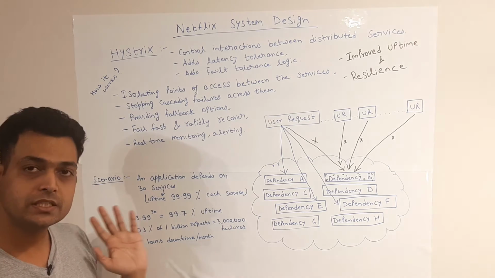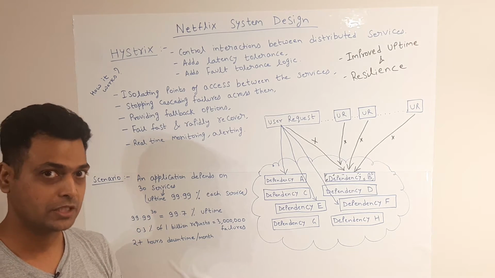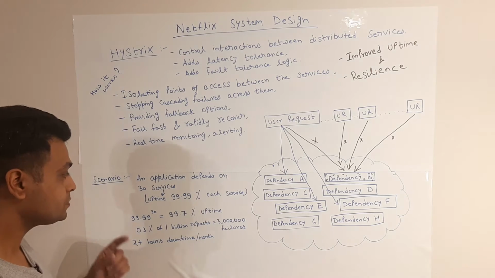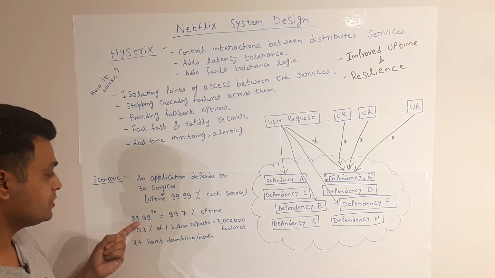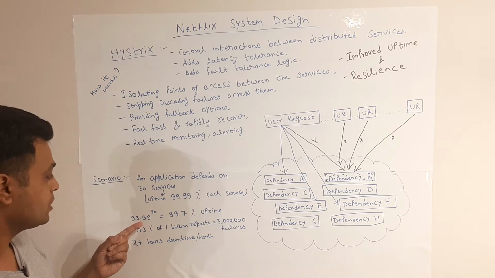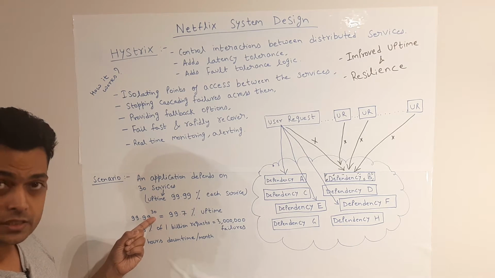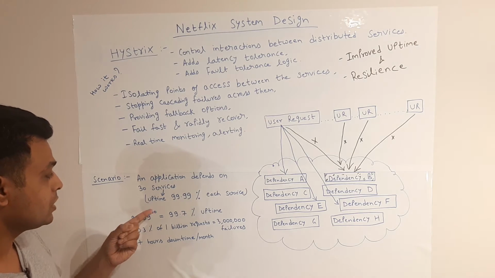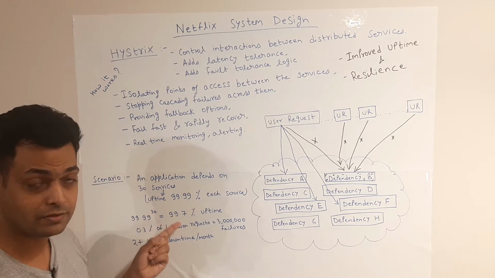So basically each service is running at its best performance. If you have 99.99% uptime and there are 30 services, in total you have 99.7% uptime.